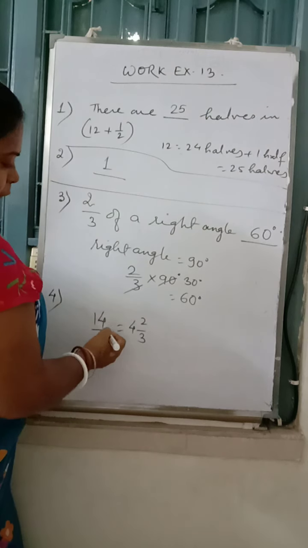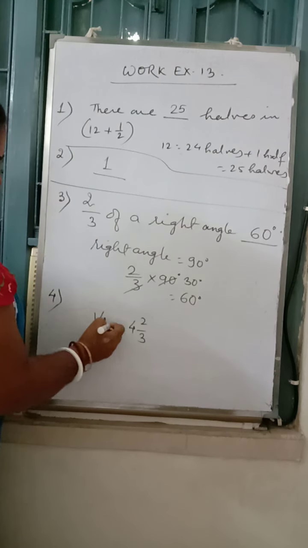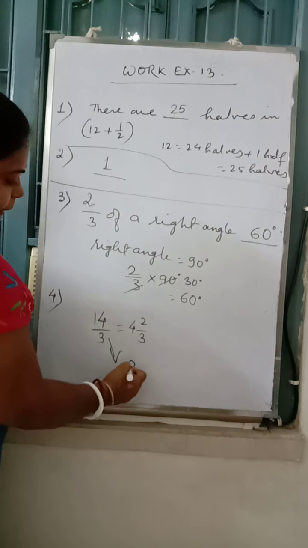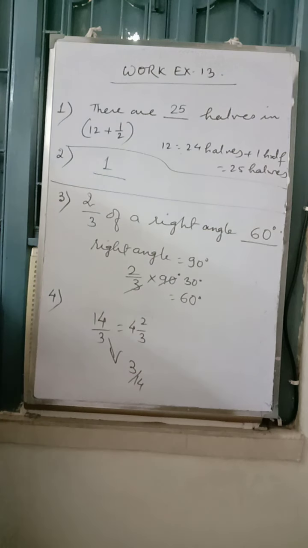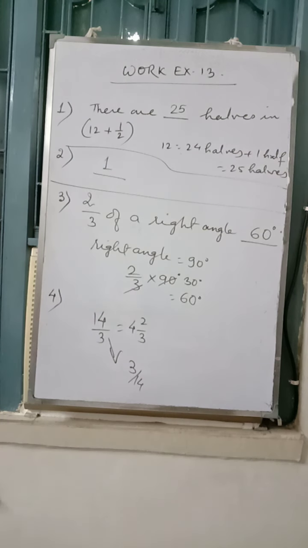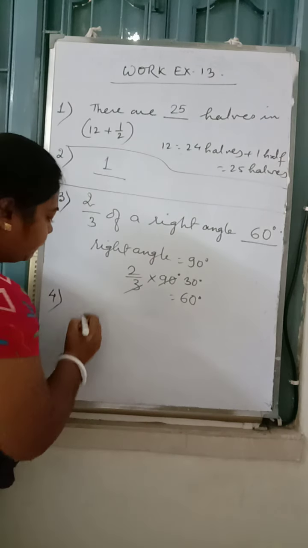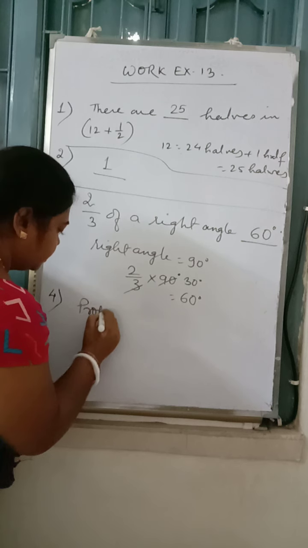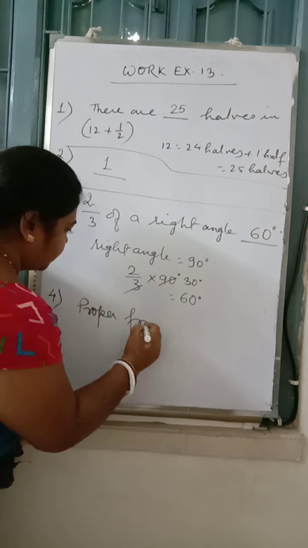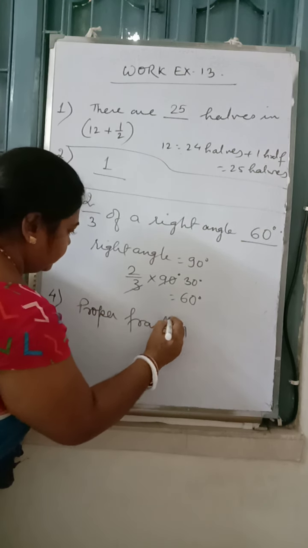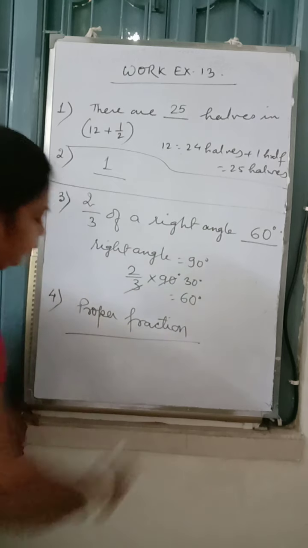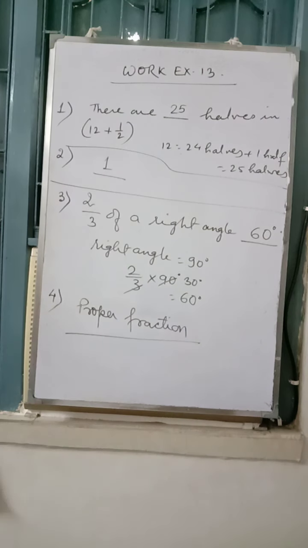So again, if I have to write the reciprocal of it, what will be the reciprocal? 3 by 14. So always the reciprocal of an improper fraction is a proper fraction. So the reciprocal of a mixed fraction is also a proper fraction. A proper fraction is the reciprocal of a mixed fraction as well as of an improper fraction.